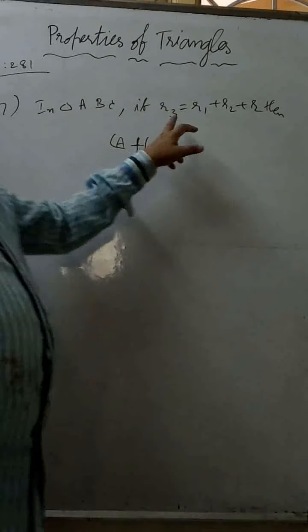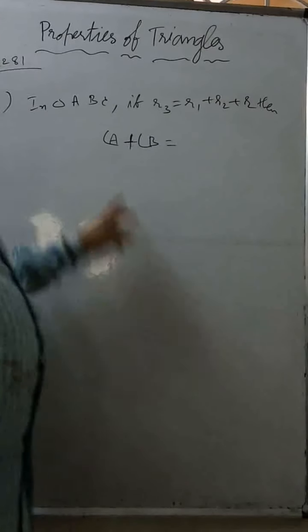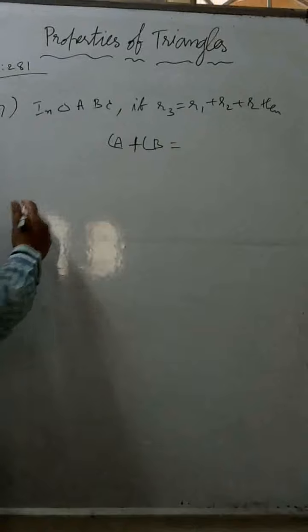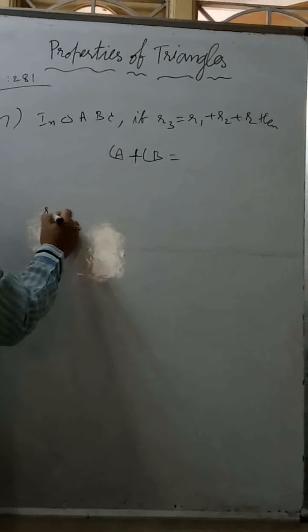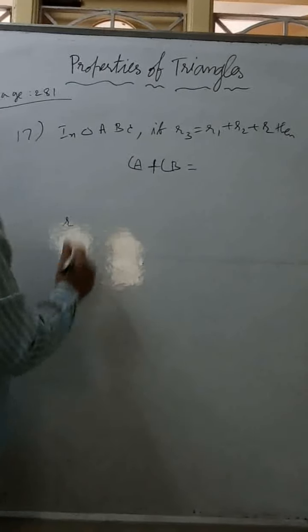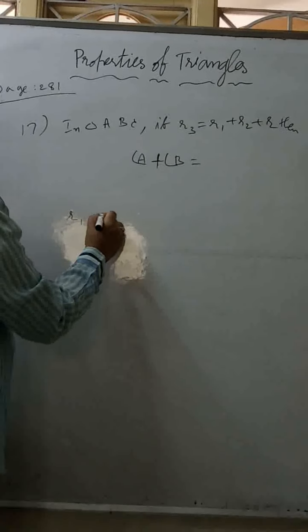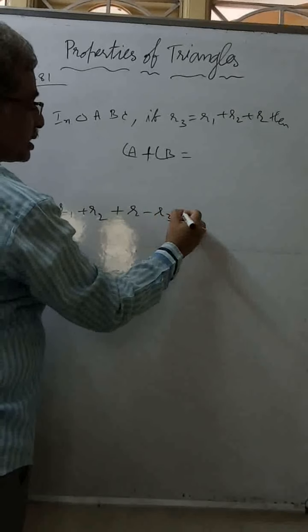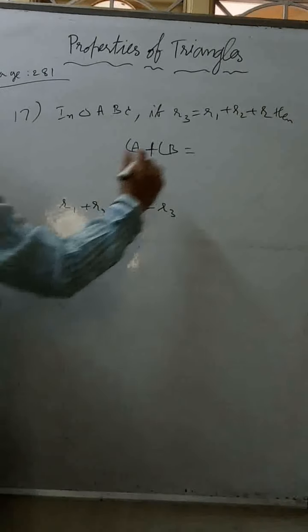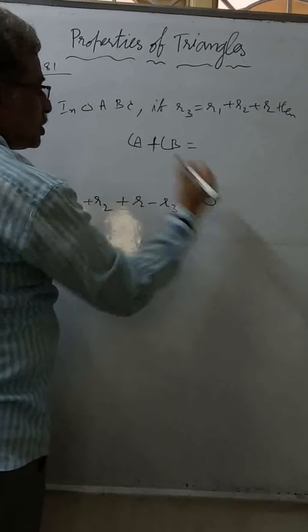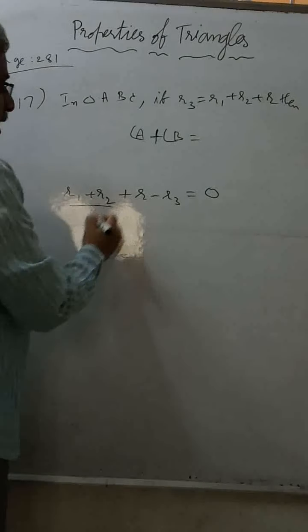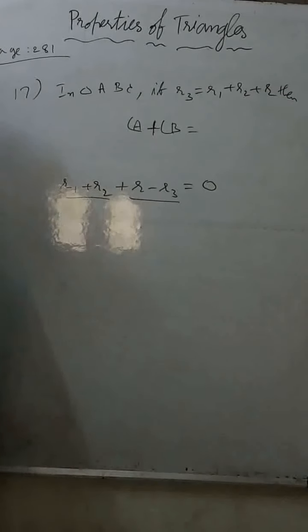In triangle ABC, if R3 equal to R1 plus R2 plus R, then angle A plus angle B equal to how much is asked. We know that if I bring R3 to that side, we will get R1 plus R2 plus R minus R3 equal to 0. Now R1 plus R2 we already did, R minus R3 we already did.